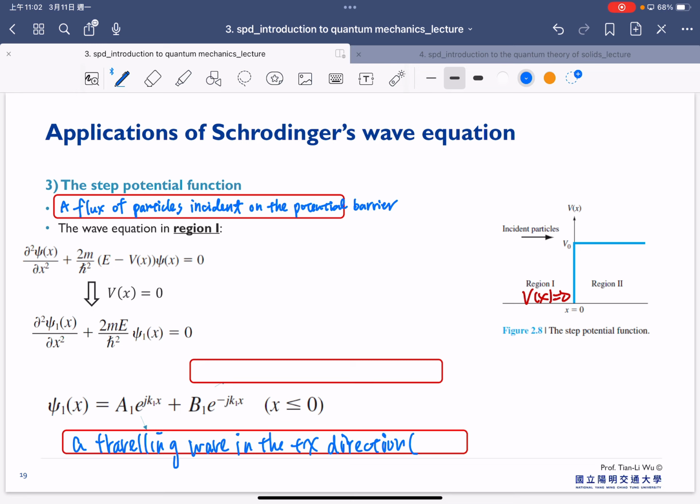So that's an incident wave. And then the B1 e^(-jk1x) is a traveling wave in the minus x direction.